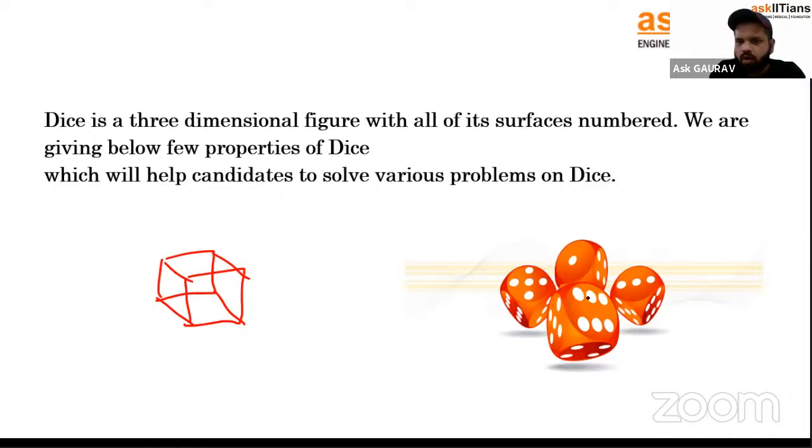These dotted numbers: 1, 2, 3, 4, 5, and 6. So dice is a three-dimensional figure with all its surfaces numbered from 1 to 6.